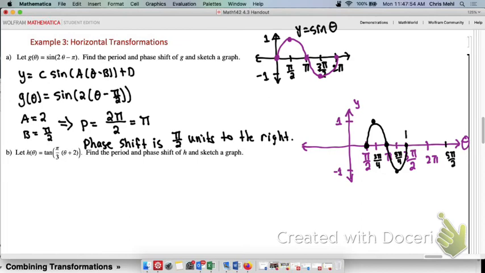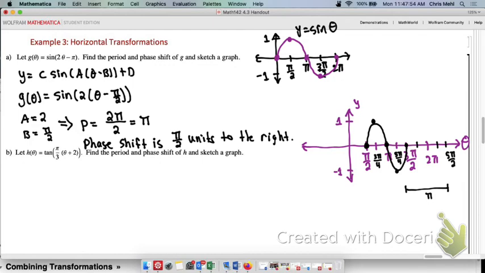And I'll split this interval here, which has width pi, up into fourths. So if I'm going to complete one cycle through an interval of pi, I'm going to split that interval up into fourths. So I'm going to add 2 extra tick marks. Again, this is an interval of length pi right here.